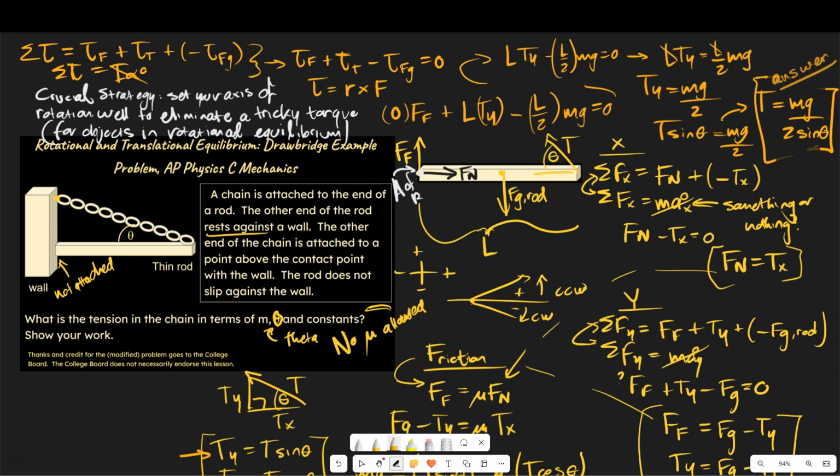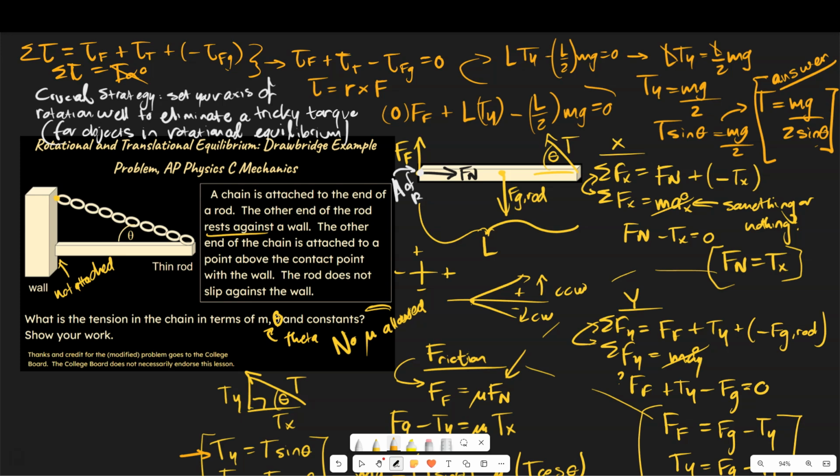That's going to be your answer in terms of tension with these variables without using mu. Using these strategies, you should be comfortable with the sum of the torque strategy and also figuring out where to put an axis of rotation for an object that's in rotational equilibrium. You can set that axis of rotation anywhere.